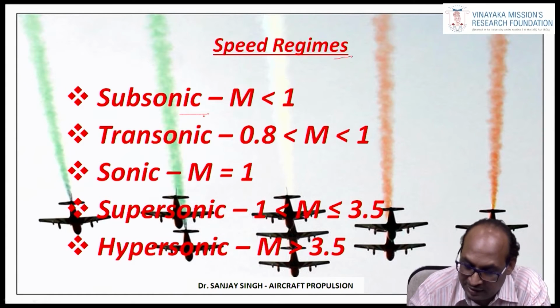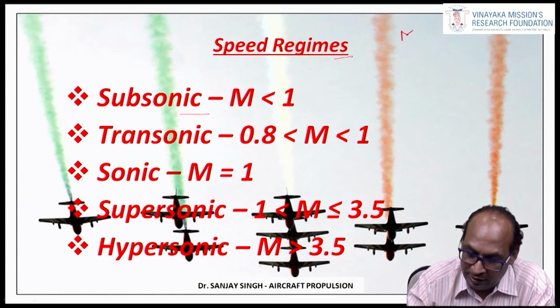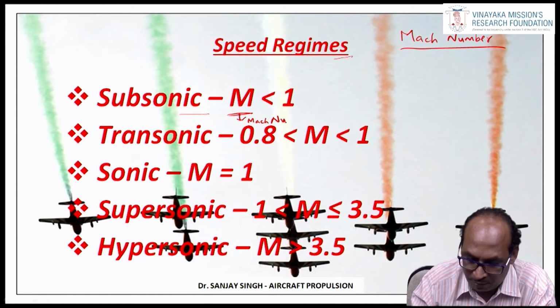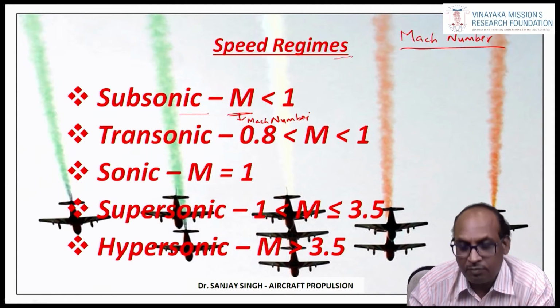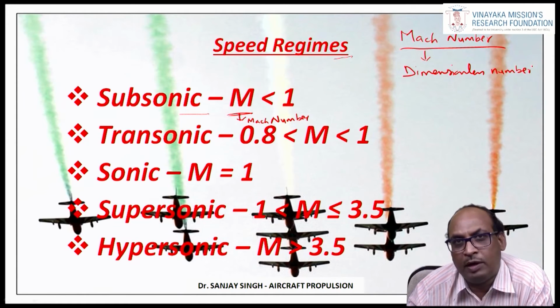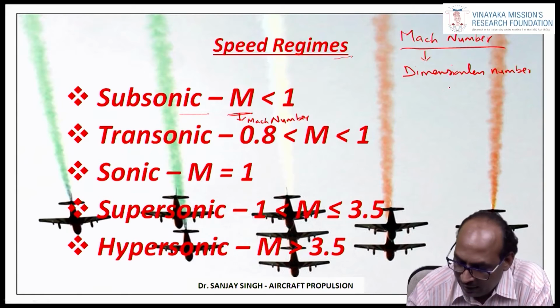So let me first tell you what actually a Mach number is. This abbreviation M is used here; it is actually the Mach number. Mach number is a dimensionless number, having no dimension. Why?